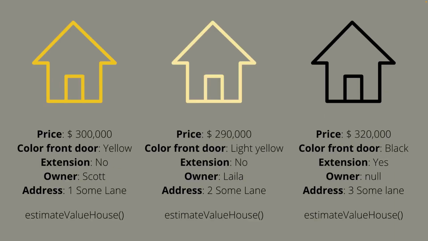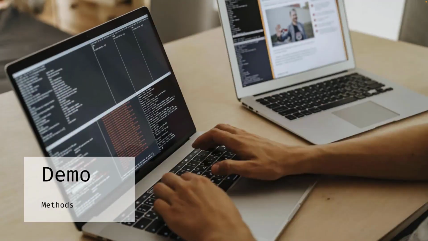So, properties are properties. They define the house, and methods are actions, code snippets with a name that can be executed. In some other languages, these methods are called functions. I might call them functions every now and then as well, but Java calls them methods. Let's see an example of a method on our account class.